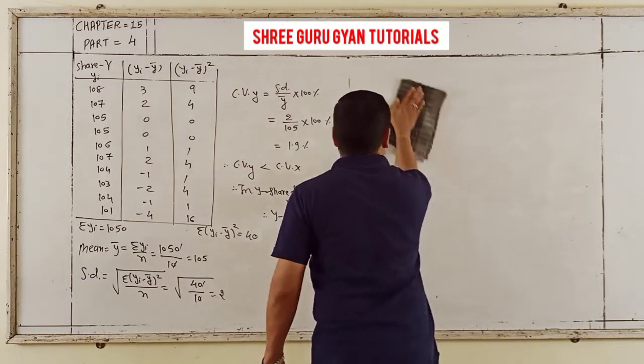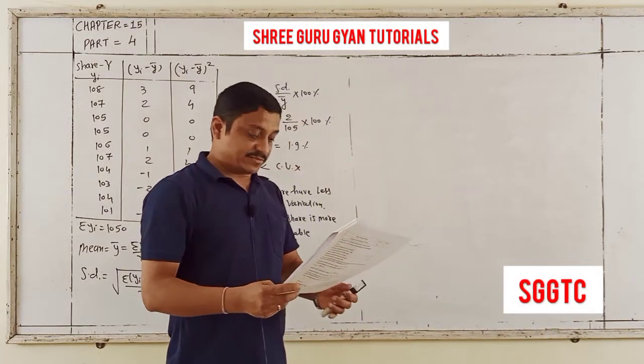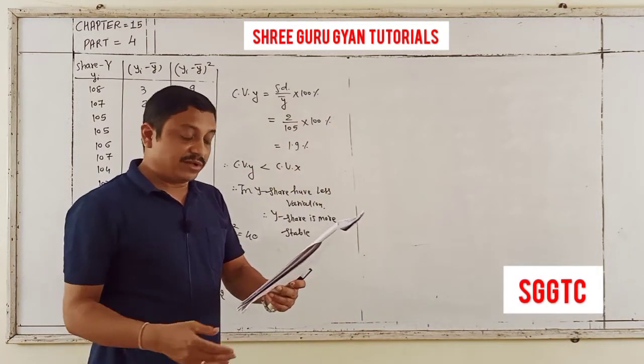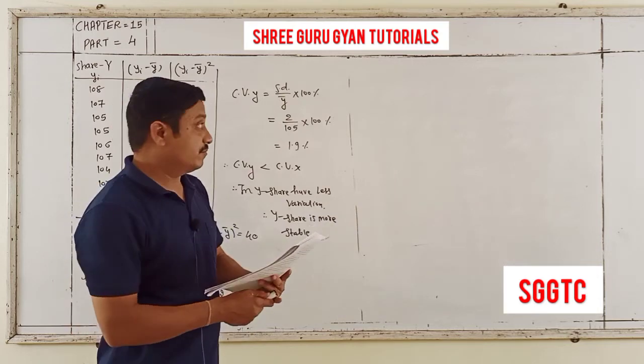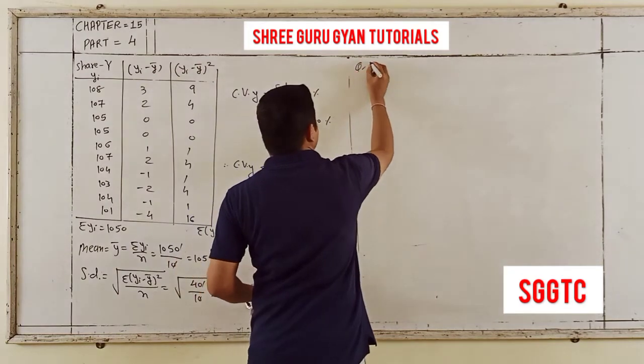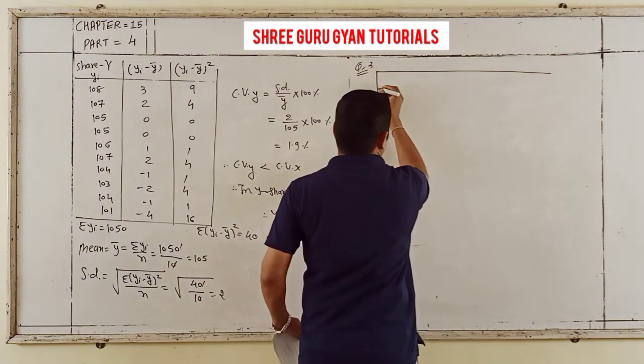Now the third question is also very interesting, and I will explain it in a very easy way. An analysis of monthly wages paid to workers in two firms, firm A and firm B. The data is already given, so I will draw the table this way.